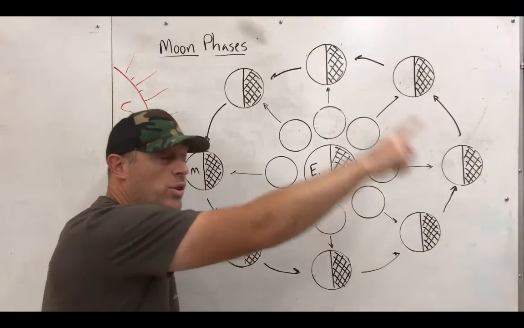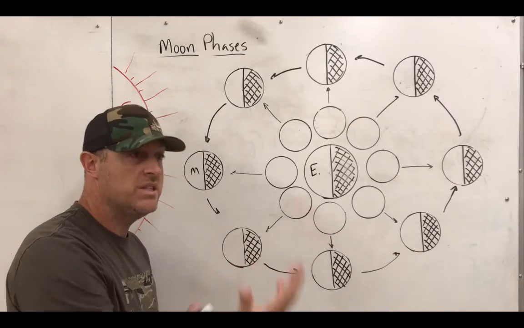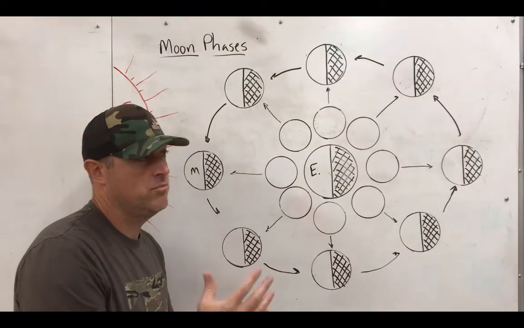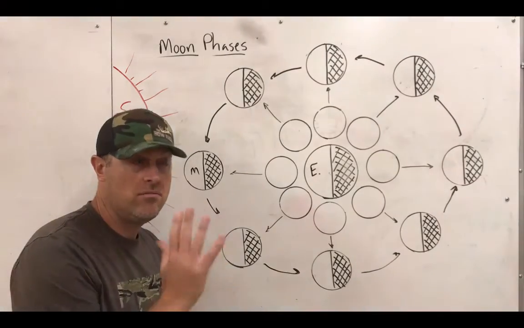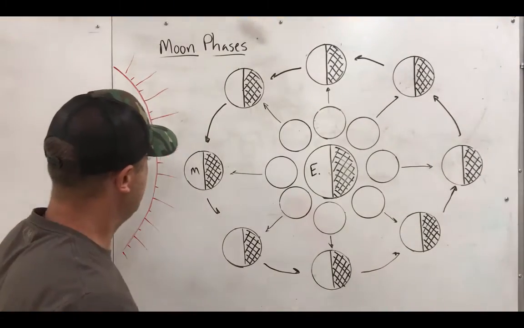Get it? Month. The word month comes from the moon. The moon is what has dictated our calendar. We've tracked time from these different moon phases. So we're going to write down some different days.